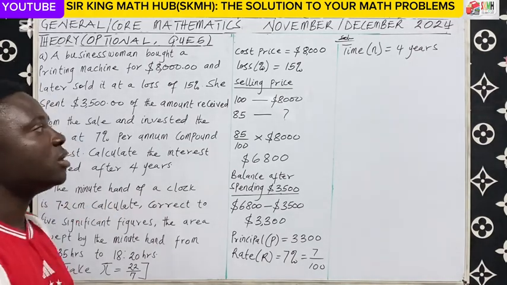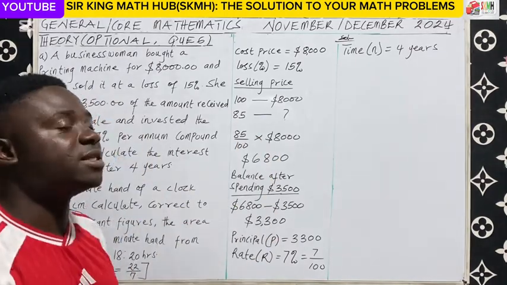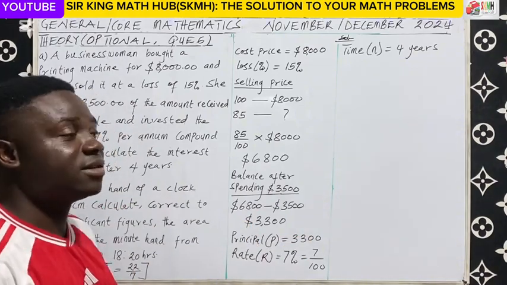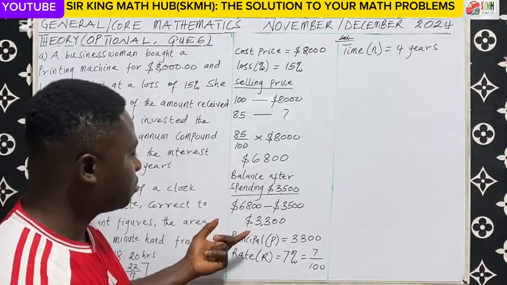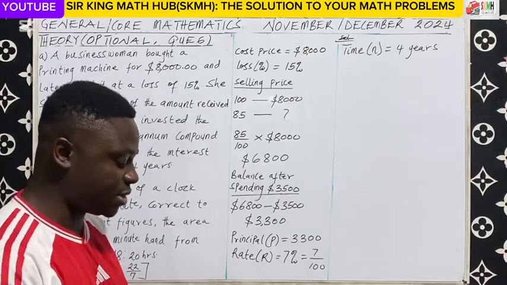But first of all, let's calculate the total amount this businesswoman will get after investing the principal using compound interest terms for 4 years.